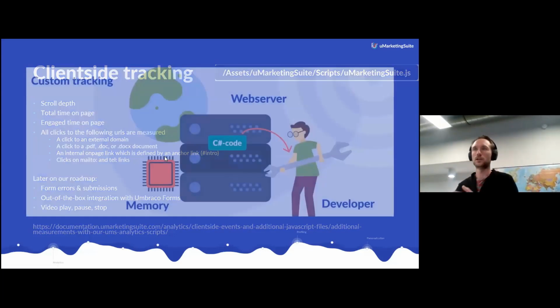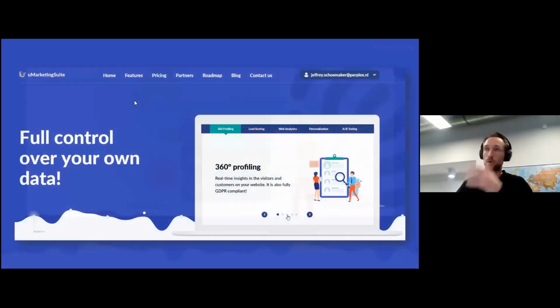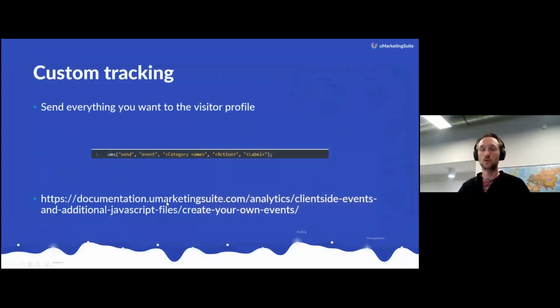Server-side tracking, client-side tracking, and if you want to bring it to the next level, you can do custom tracking as well. For example, this is our homepage, and if we want to track the slideshow, when people click on these buttons, for example, we can send that over to the uMarketingSuite. We're using the same function as Google Analytics, for example, where you have event category, name, action, and label.